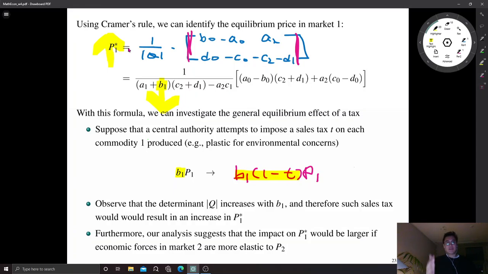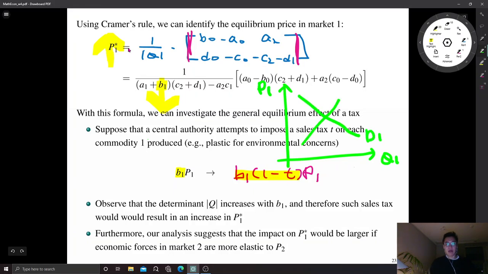But we can draw the same conclusion even from partial equilibrium analysis. So if we draw the diagram, this is the x-axis for Q1 and the y-axis for P1, and we can draw the demand curve and supply curve in market 1.